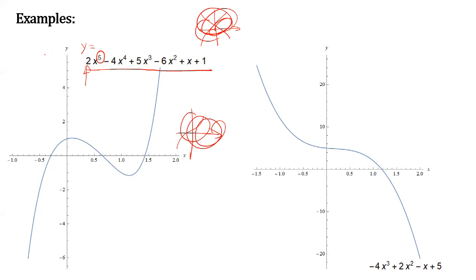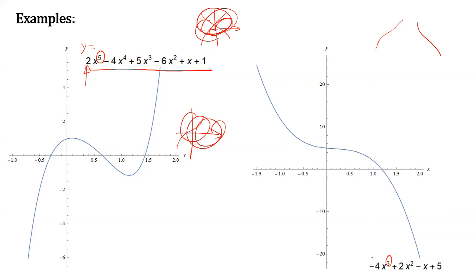And if we plot this function in the calculator, it will have a graph that looks like this. Okay, next, consider the function y equals minus 4x cubed plus 2x squared minus x plus 5. This function has a degree of 3, which is odd. So this function also either extends from third to first or from second to fourth, right?